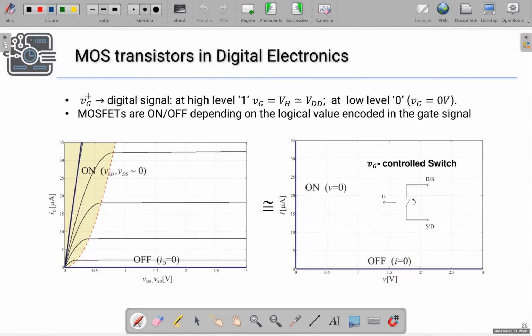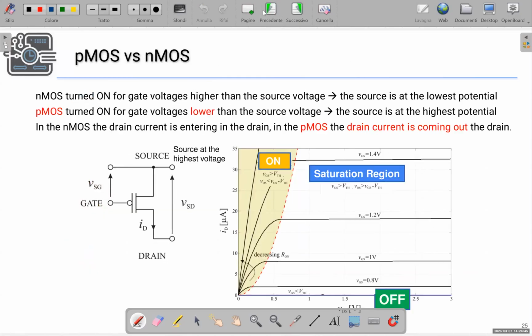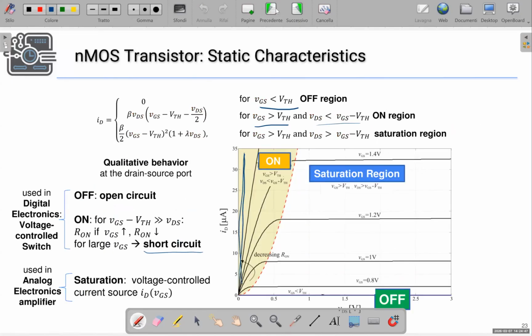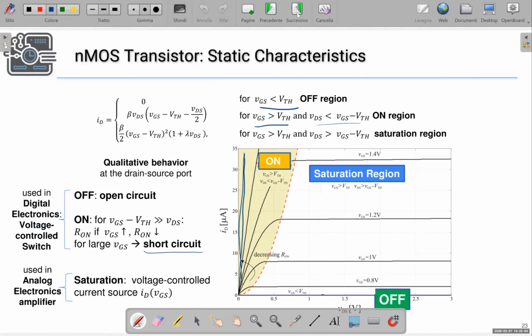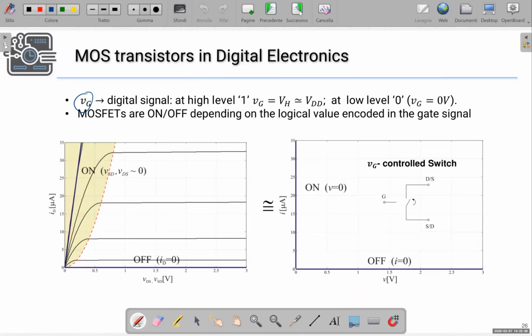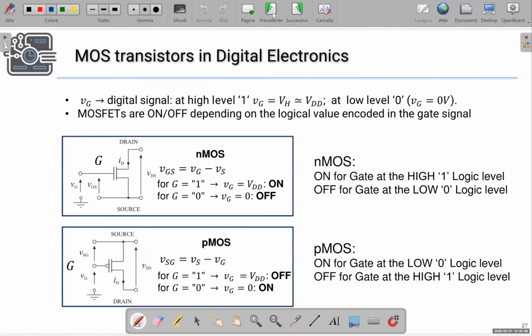So we assume that VG, the gate voltage of our transistors, either NMOS or PMOS transistors, is a voltage VG that represents a logical signal, and we discuss what is the behavior of NMOS and PMOS devices.